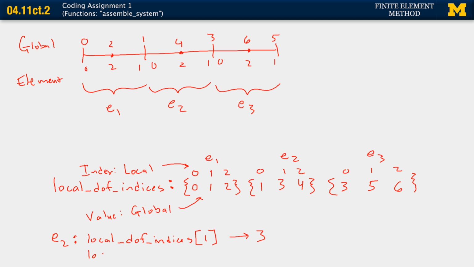If I put in a local node of 0, it would return 1, a global node number of 1. Okay? So this vector local DOF indices will relate our local node number to the global node number. The index to the vector is the local node number. The value stored is the global node number. All right? And we'll need that especially when we go to assembly.